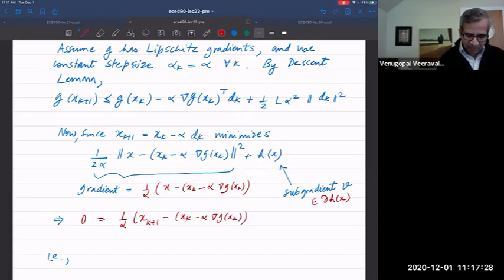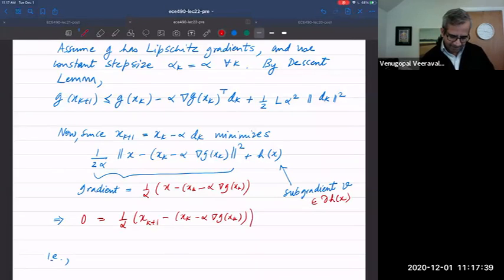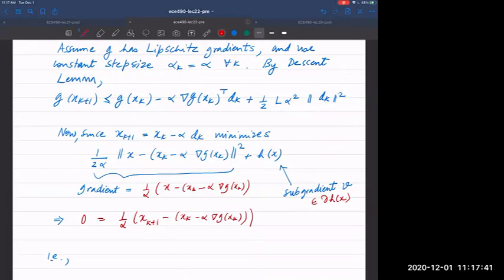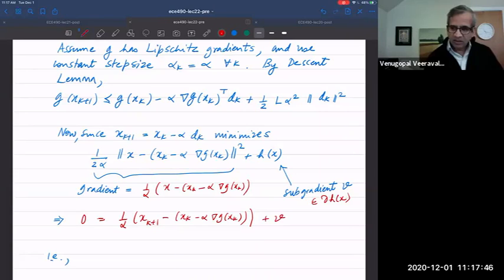Actually, it is the minimizer. Why unique? Why is that? Anyone? Strictly convex, right? It's strictly convex. And so this is this plus v for some v belonging to the subdifferential at xk plus 1. Since xk plus 1 is the minimizer, it must satisfy this condition.